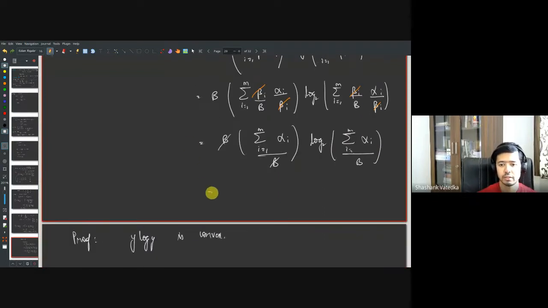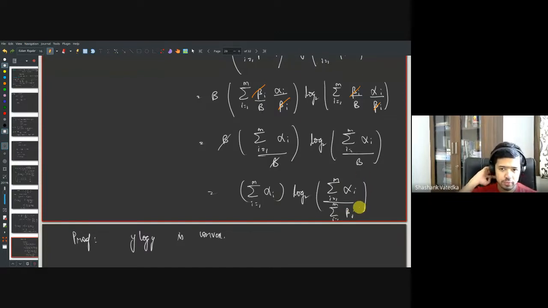So what I get is summation i equal to 1 to m of alpha i log of summation i equal to 1 to m of alpha i by summation j equal to 1 to m of beta j. Okay, so this is exactly what we wanted.